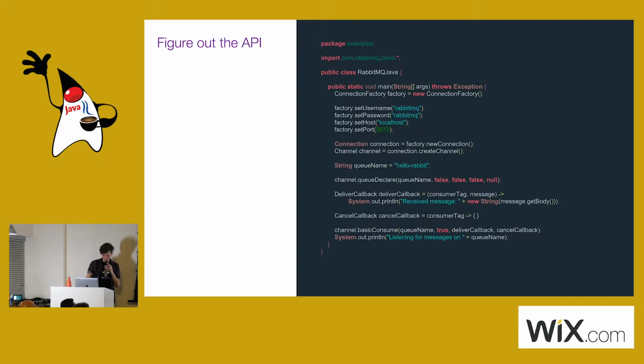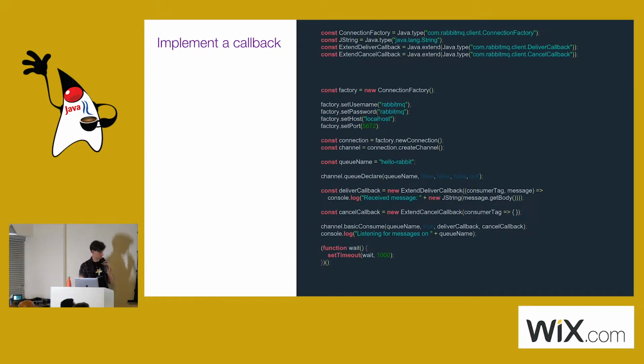So it's actually quite nice that doing this in JavaScript looks pretty much the same. There is some junk there, which is also a nice example of how you would extend or implement the Java interface in Node.js, which is an interesting example, but we won't really stick around with that.